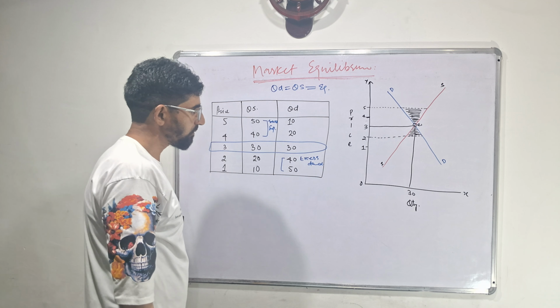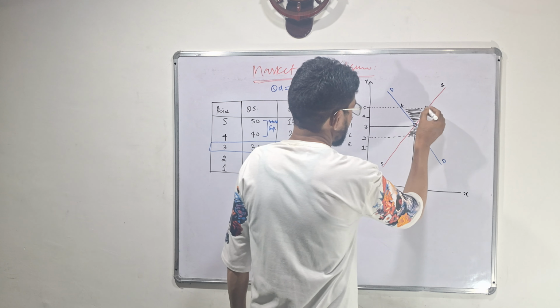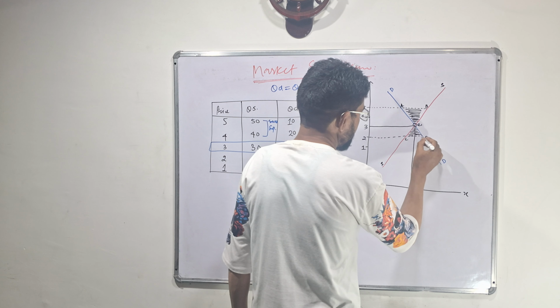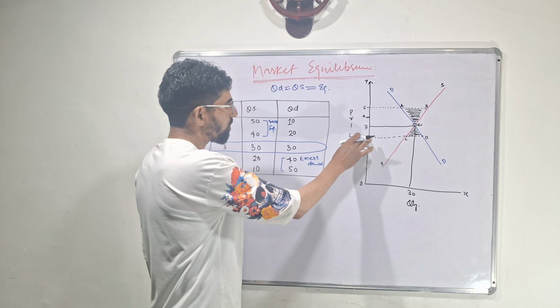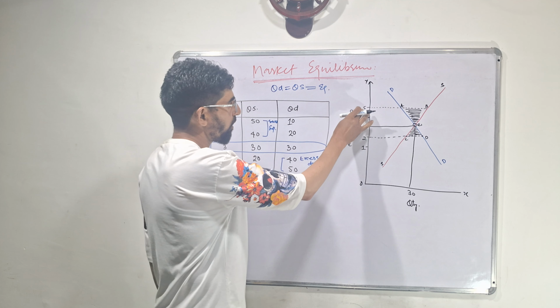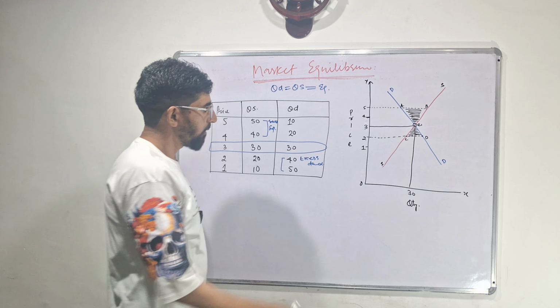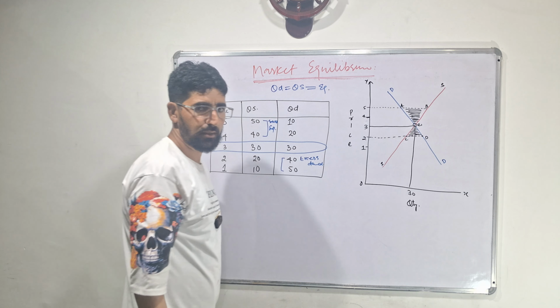Now if I write, for example, A, here B, here C, here D, these points: when price increases from the equilibrium price above 3 to 5, A, B shows excess supply. When price falls from 3 to 2, C, D shows excess demand.